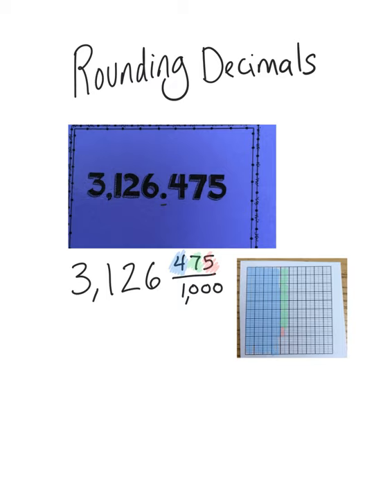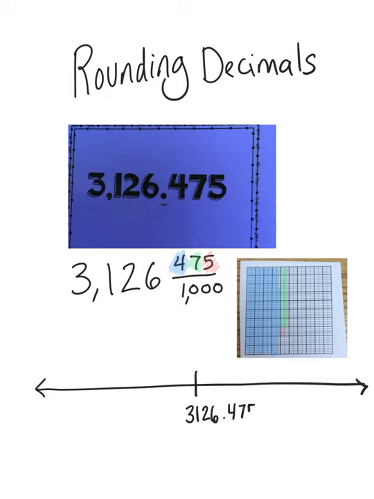When we're rounding, we have to visualize. I usually just picture a number line, and right in the middle of the number line is the number that I need to round. 3,126 and 475 thousandths.